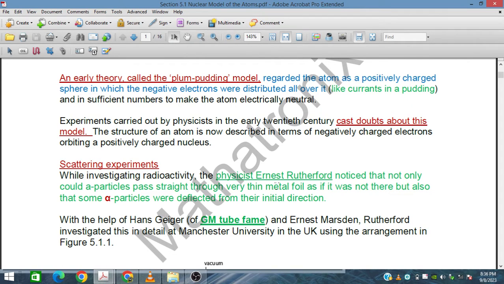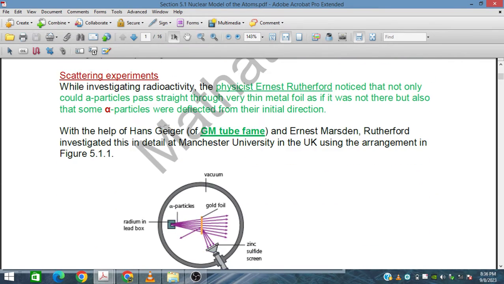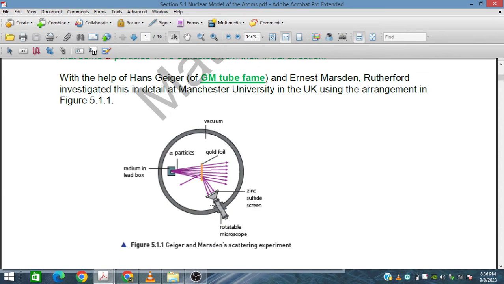This experiment was carried out by Hans Geiger and Marsden at Manchester University in the UK.